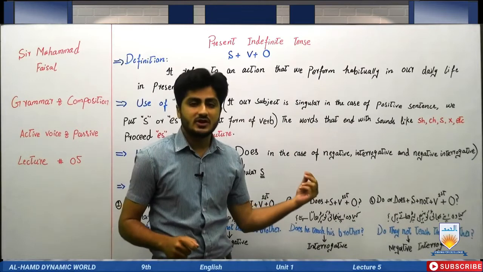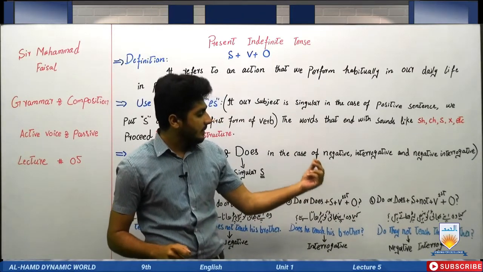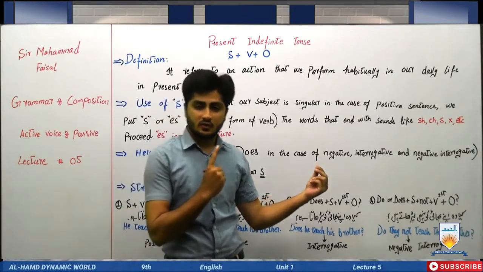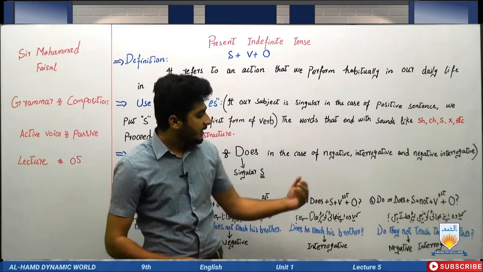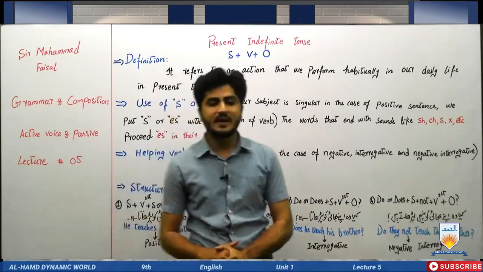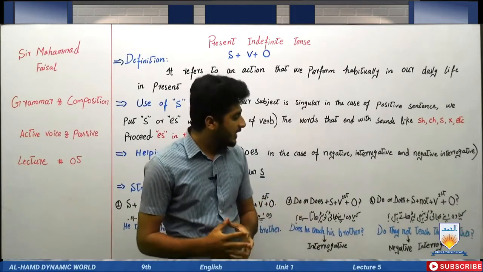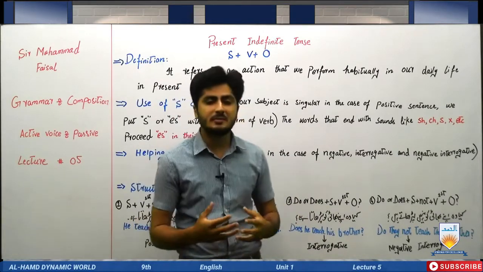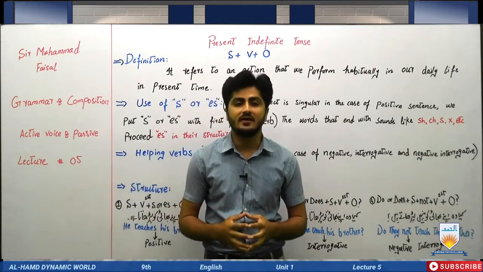Its structure is do or does plus subject plus not plus first form of verb plus object. क्या वो अपने भाई को नहीं पढ़ाता है? या हम इसको प्लूरल में अगर कर दें, क्या वो अपने भाई को नहीं पढ़ाते हैं? Do they not teach their brother?